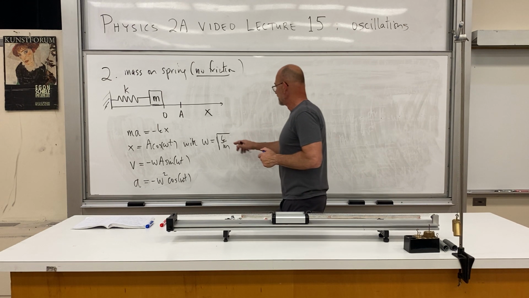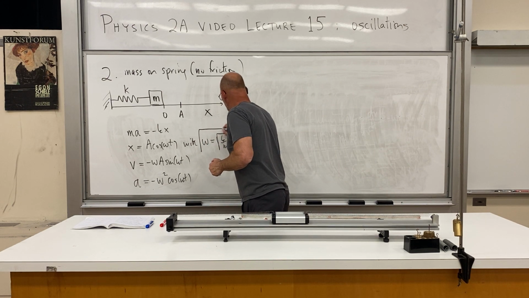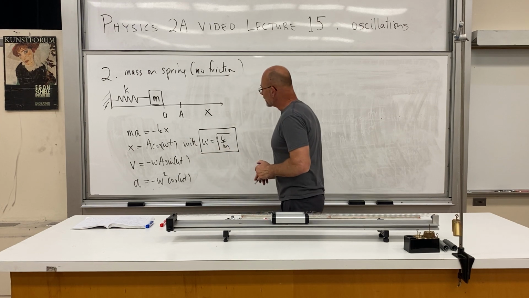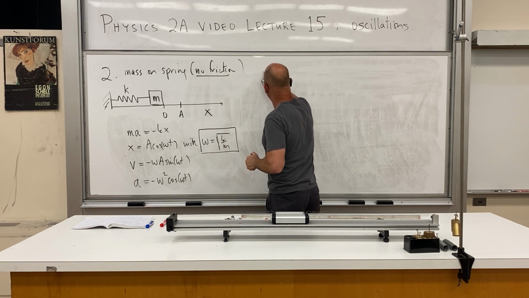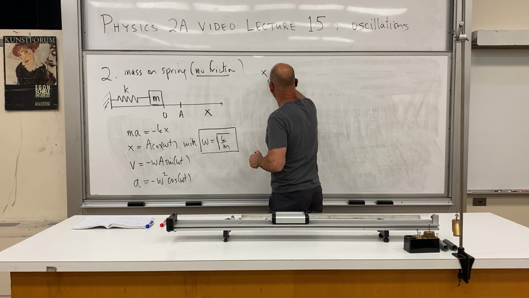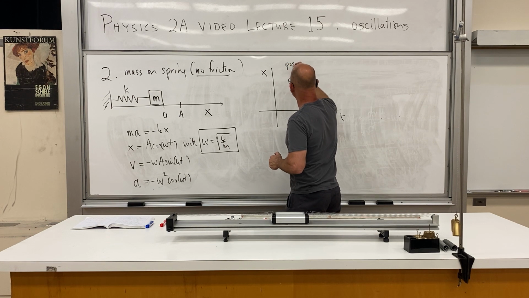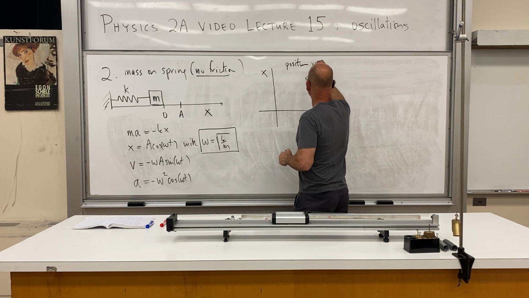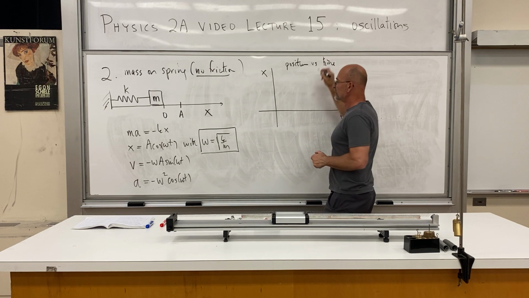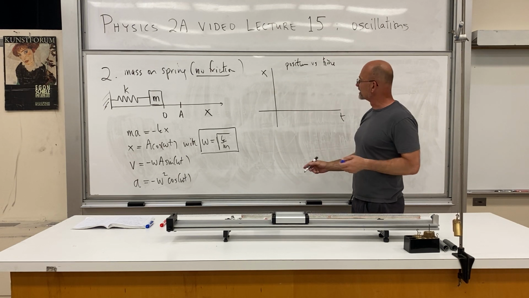Good, so let's talk about this thing here. First of all, we're going to graph x as a function of t. This is our position versus time graph for these oscillations that we keep looking at here.